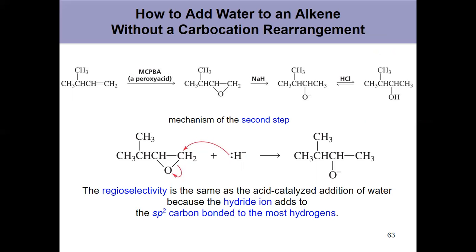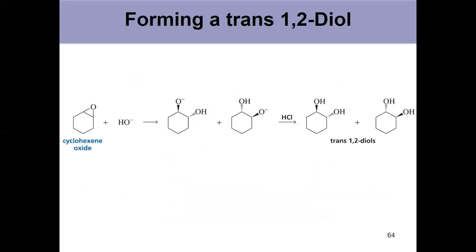One final possibility, if we have basic conditions, is the formation of a diol. We will see shortly where these diols are advantageous. If you have an epoxide here, plus now we've introduced hydroxide, that's a good nucleophile, so it's going to come in and attack your epoxide.